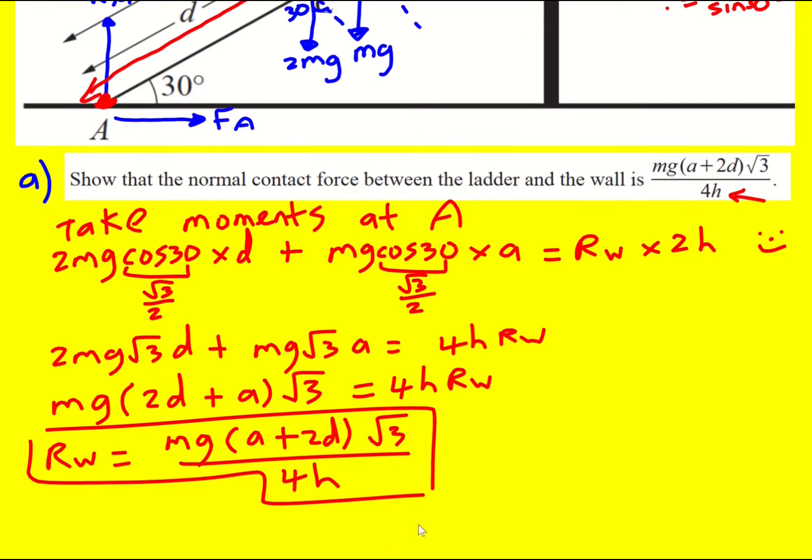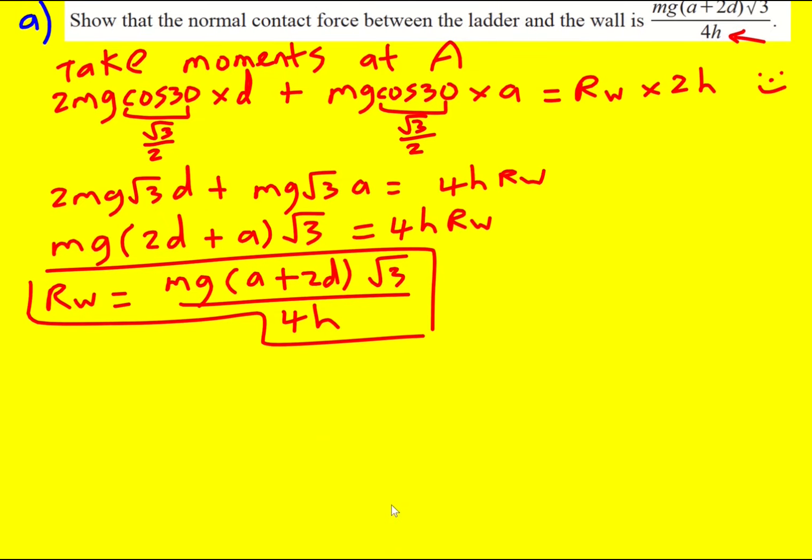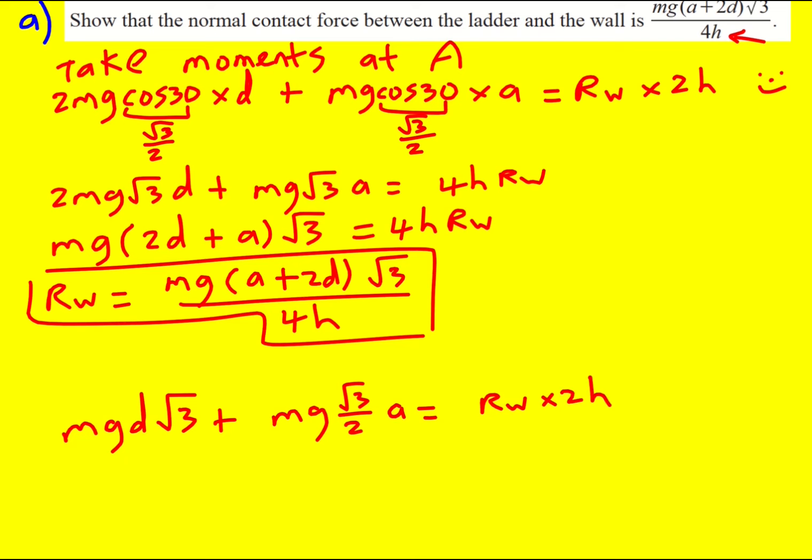Now, I just want to quickly talk about this. If you decide, like I did in the actual question, to multiply through, so I got mg d root 3 plus mg root 3 over 2 a equals RW times 2h. If you decide to go this route, you just need to be a bit careful when you then divide by 2.